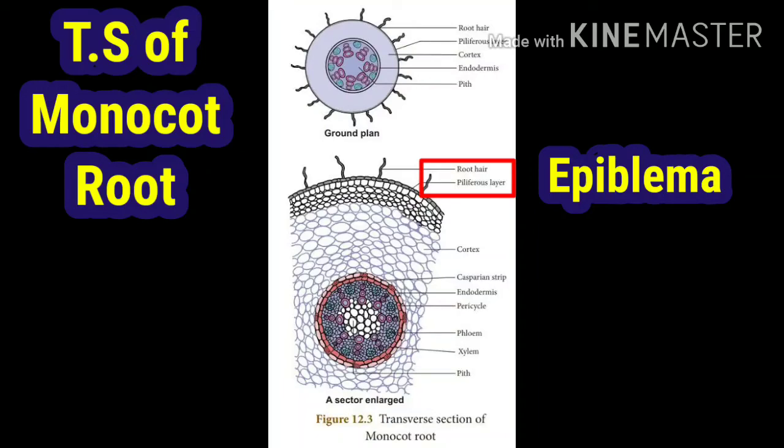It is outermost layer of the root and is made up of single layer of thin-walled parenchymatous cells. Stomata and cuticle are absent. The root hair helps in absorption of water and minerals from the soil. This layer also protects the inner tissues.